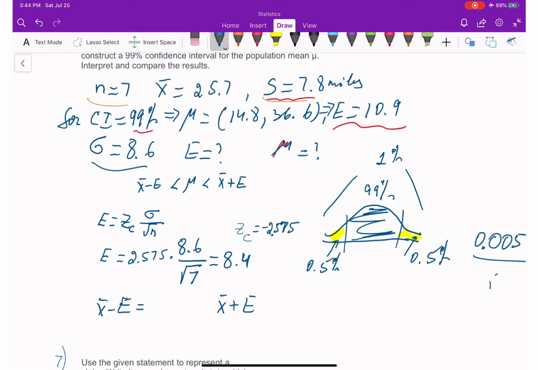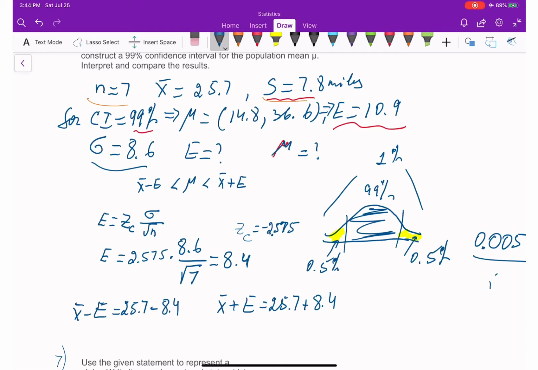So our x bar is 25.7 minus 8.4, and x bar plus error, it's gonna be 25.7 plus 8.4.